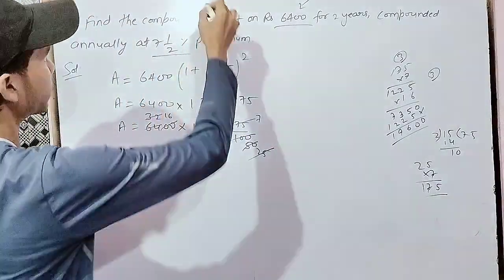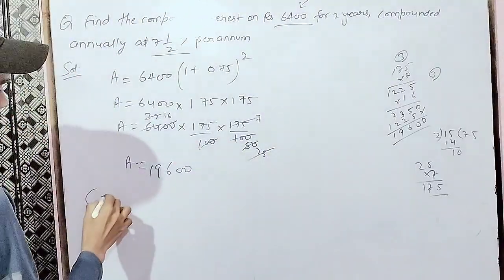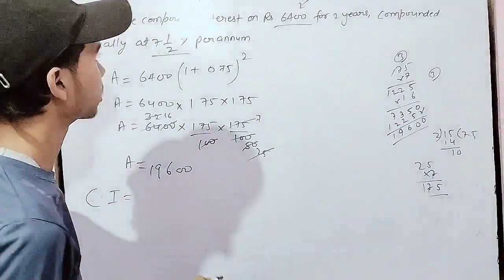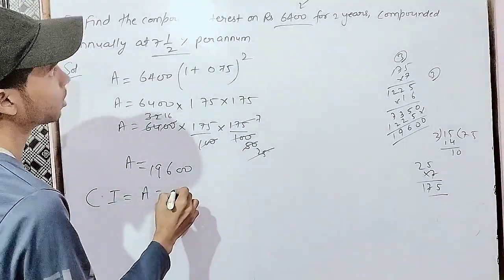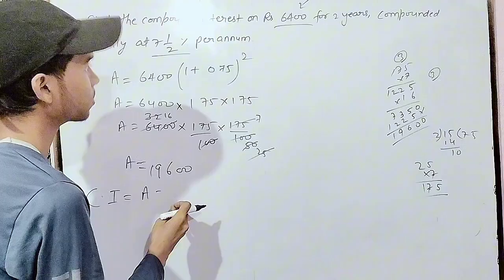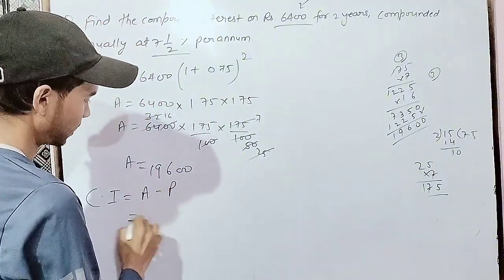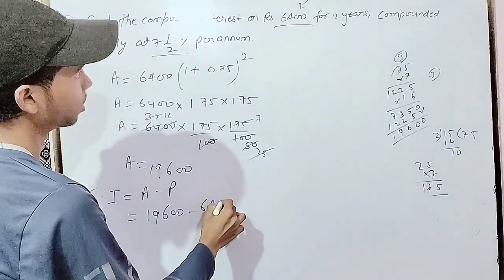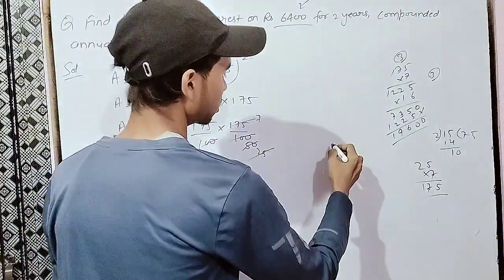And now the question was to find the compound interest. To find the compound interest, it is calculated by final amount minus initial amount, the principal. 9,600 minus 6,400. How much?